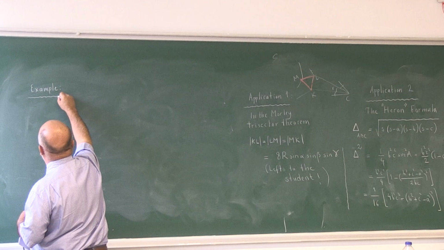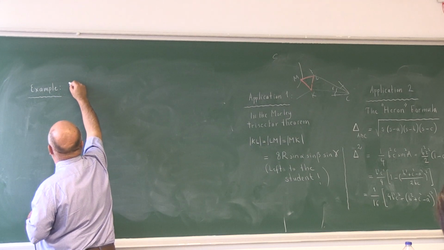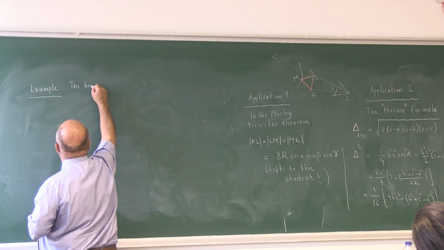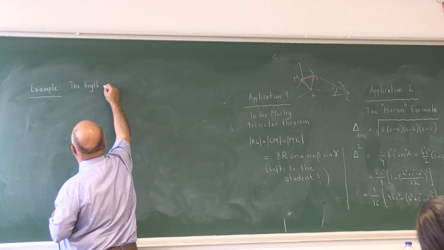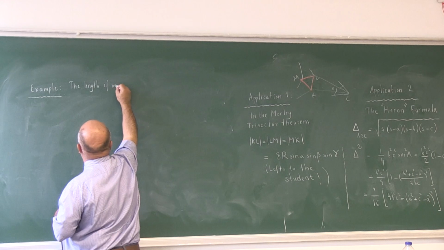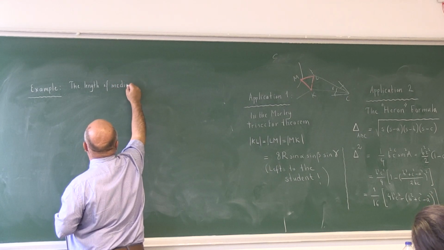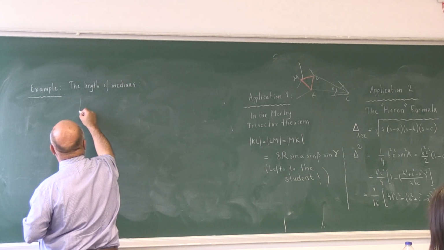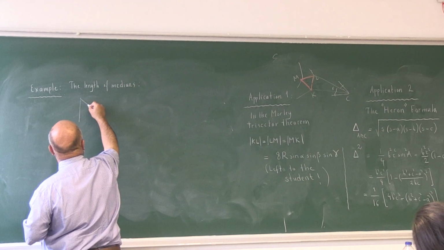For instance, you can compute the length of the median, which is rather interesting, in my opinion, the length of medians. It gives you a nice formula. Okay, it's a very simple picture.